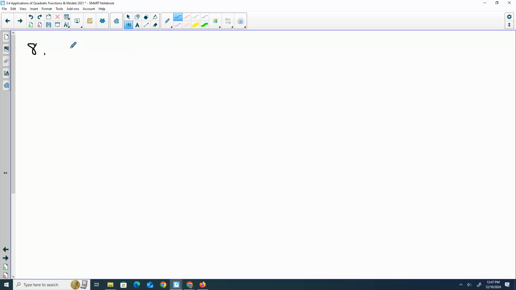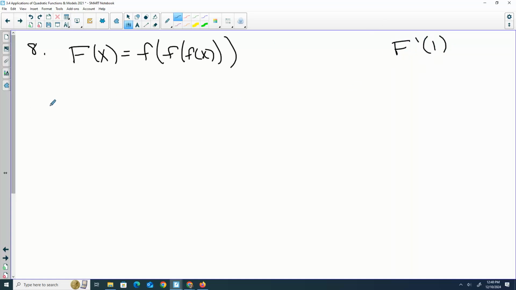All right, number 8. F of x is f of f of f of x. I am asking you to find f prime of 1. So first, we have to start with f prime. When you are doing derivatives, you start on the outside. So derivative of f is f prime.